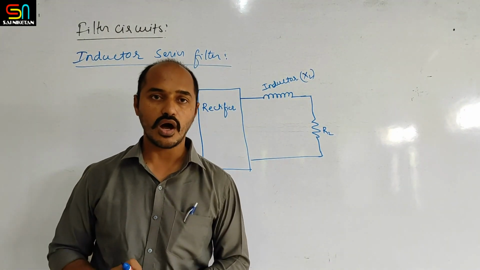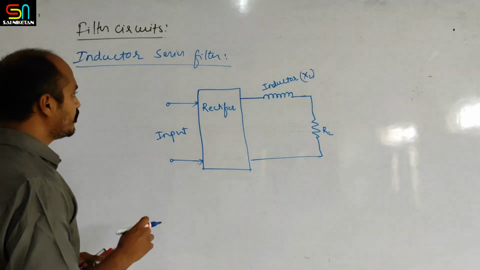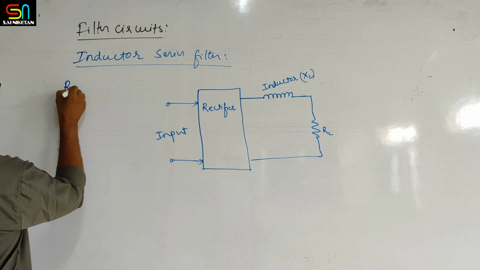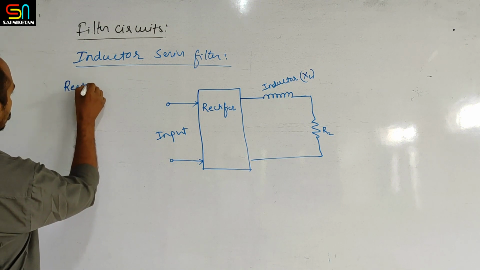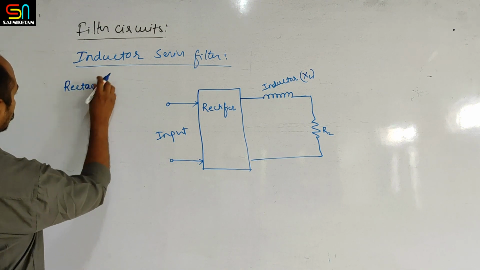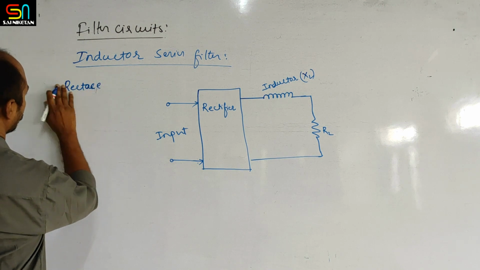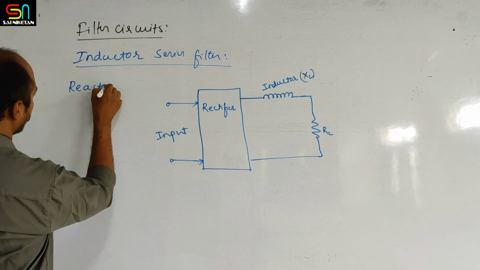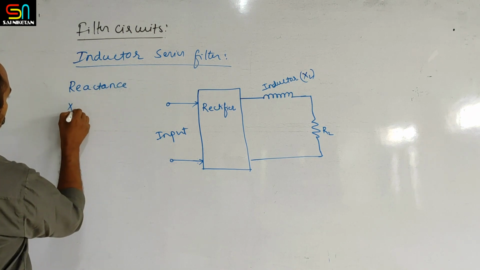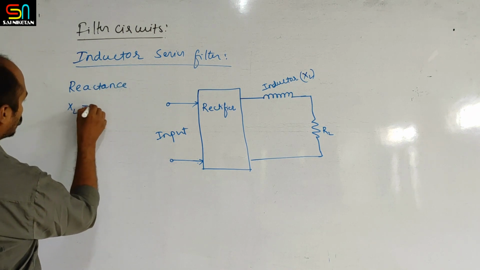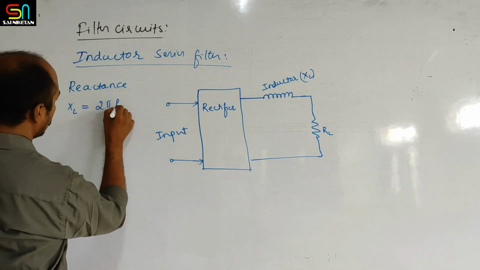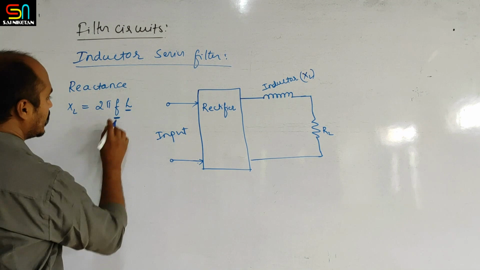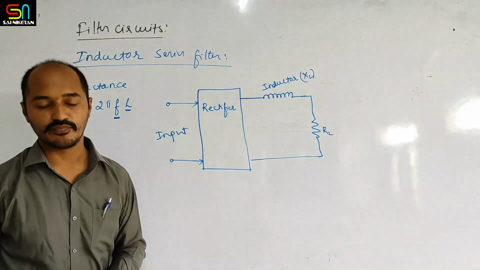How does it work? The inductor's reactance can be given as XL equals 2 pi F multiplied by L. F indicates frequency and L indicates the inductance value.